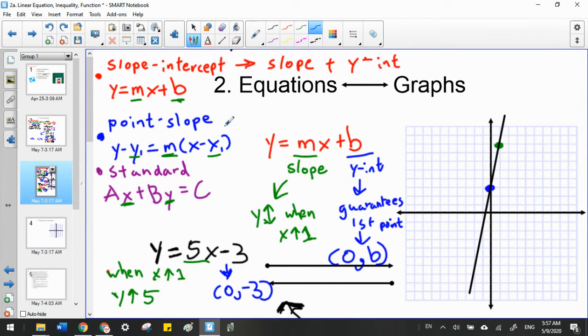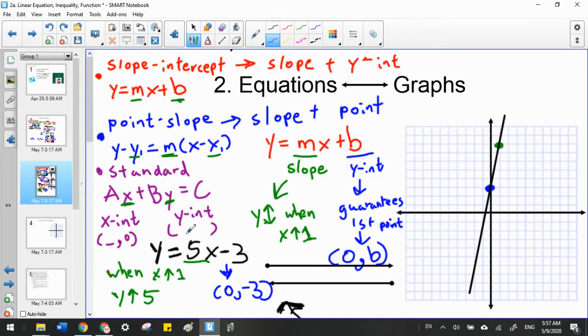The point slope form gives you the slope as well as a single point on the graph. And the standard form gives you the x-intercept, where the y value is 0 and you find x, and the y-intercept, where the x value is 0, and you use it to find the y value. So depending on what they give you for the equation, you can do different cool stuff with it.